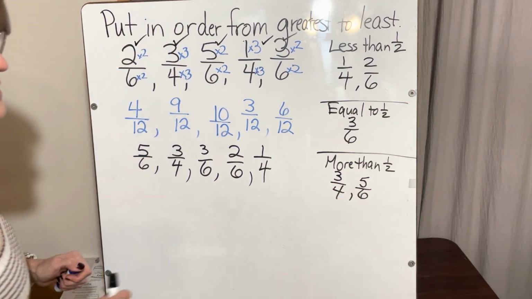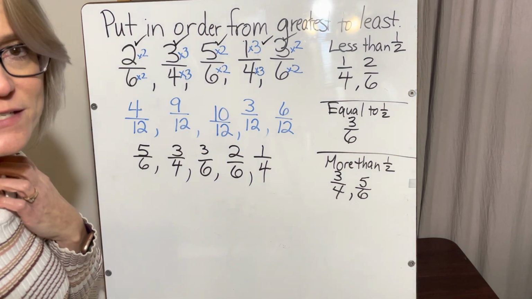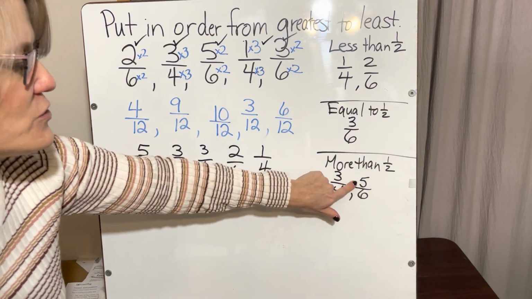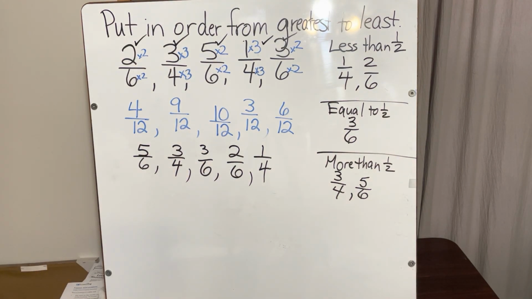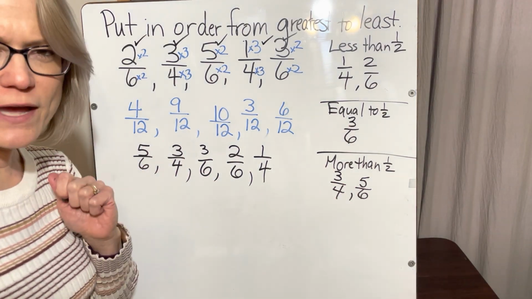Now both of those look like, I mean, it's only one away from the whole number, right? 1/6 and 1/4. This is 1/4 away. This is 1/6 away. Well, when I think about that, 1/6 is a smaller piece than 1/4, right?